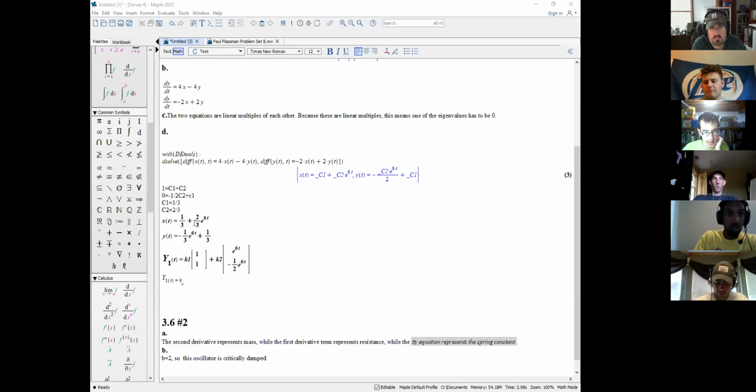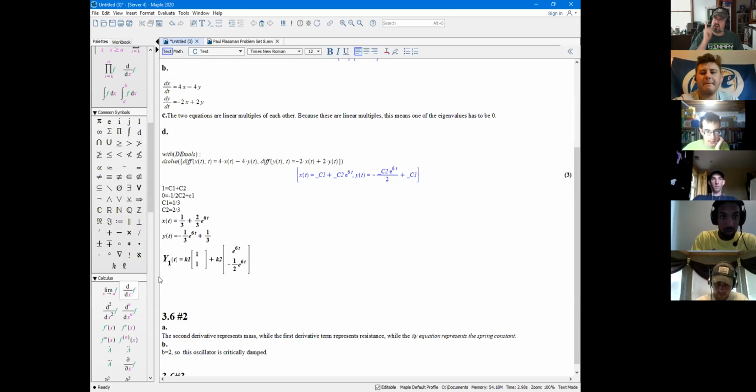And so we plugged that in to get the x(t) and y(t) and then made the matrix equation. So notice because we have a 0 for an eigenvalue, the part in front of K1 is K1 times e to the 0, which is just 1.